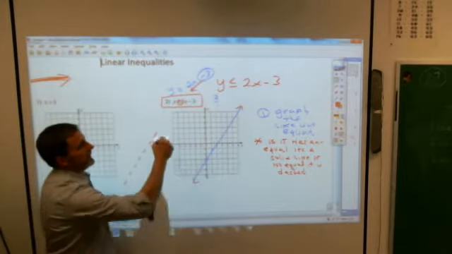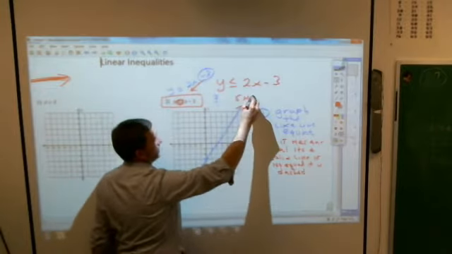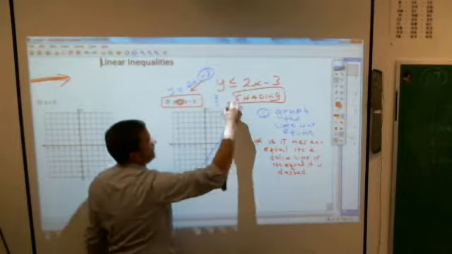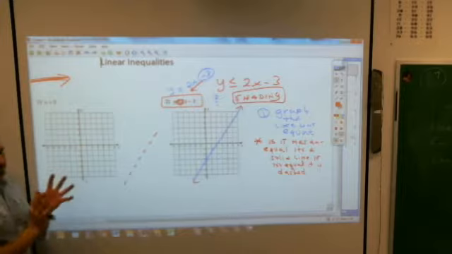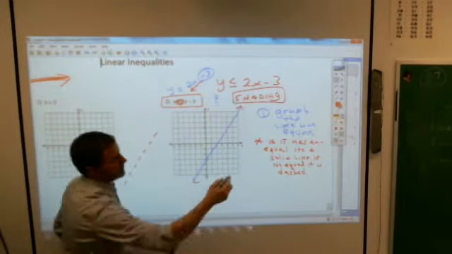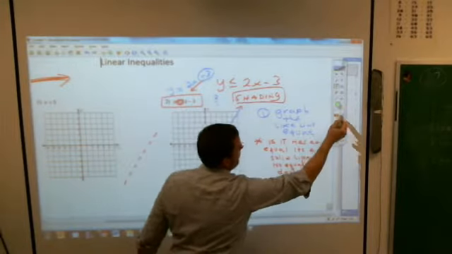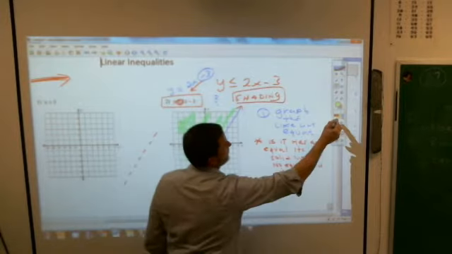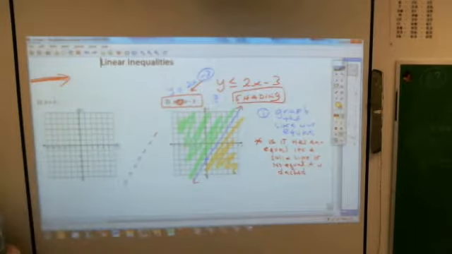In other words, when you see a linear inequality, you are going to have to do some shading. And that's where people run into trouble. But when you shade, you only have 2 options. You are either going to shade above the line that you drew, or you are going to shade below the line that you drew. One of those 2 things is going to happen, and your job is to figure out which one it is.